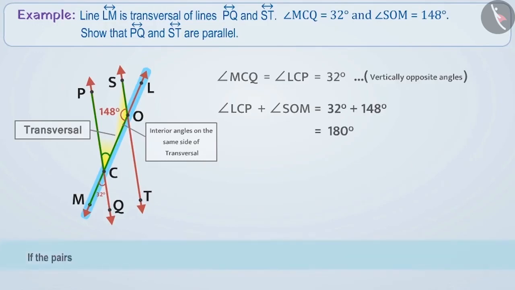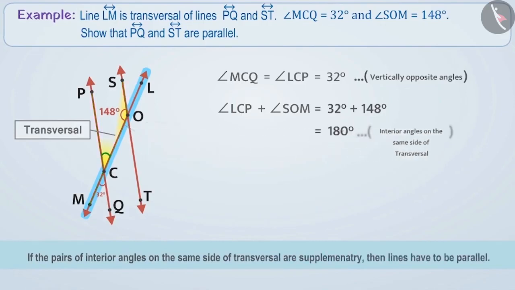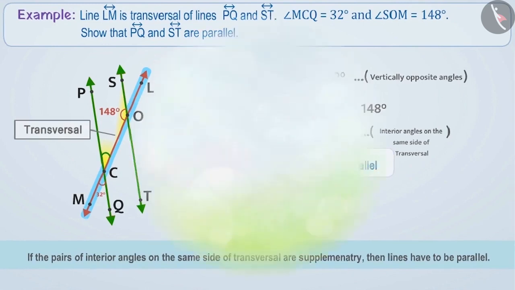If the pairs of interior angles on the same side of transversal are supplementary, then lines have to be parallel. If a transversal line cuts two lines in such a way that the pair of interior angles on the same side of the transversal are supplementary, then we can say that those lines are parallel. This makes it clear that the line PQ and line ST are parallel.